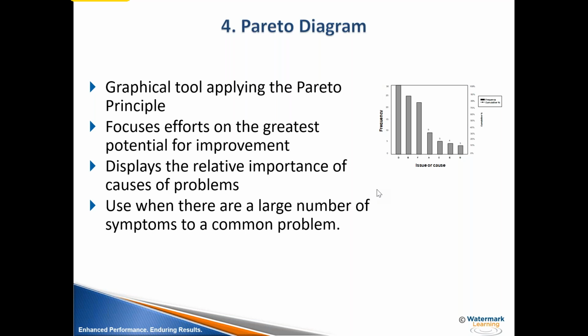So it's focusing on the greatest area for improvement, which I really like about Pareto, because it gives you the relative importance. As long as you have data, when there's a large number of symptoms. When there's only a couple of symptoms, it's not so useful, but when you get 5 or more categories that you could measure, it becomes highly useful.